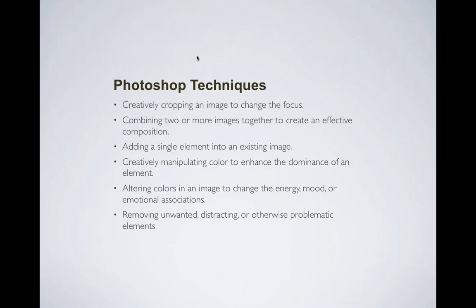Do a traveling ducks kind of composite or something along those lines. You can also remove things. That was covered in the Linda lesson, removing elements from a photograph. It's a little more complicated, and we didn't really practice that, but if you feel comfortable, you can do that as well.